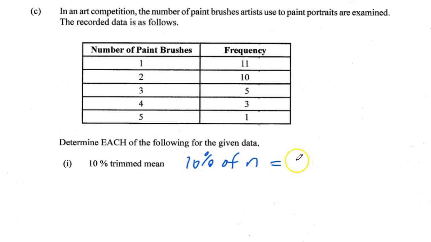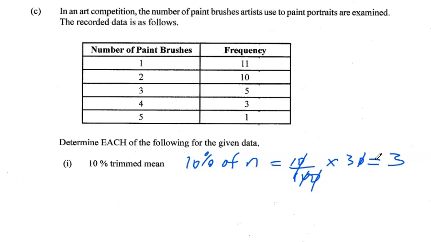So 10% is 10 over 100, times n, which is 30. So 1 times 3, the 10% means 3.